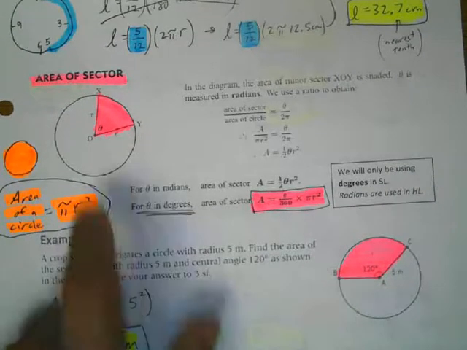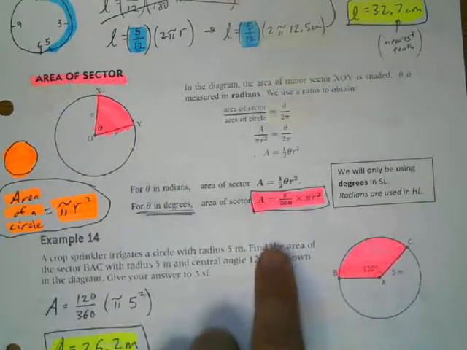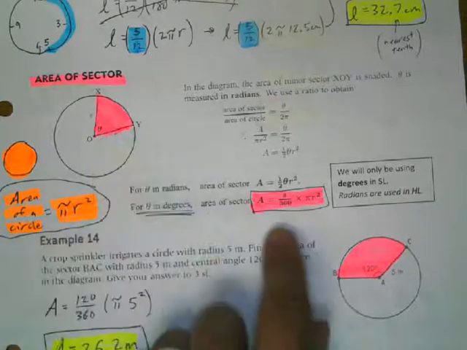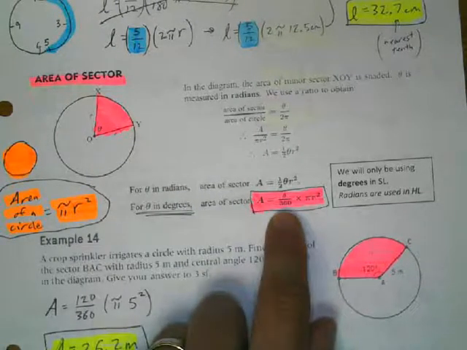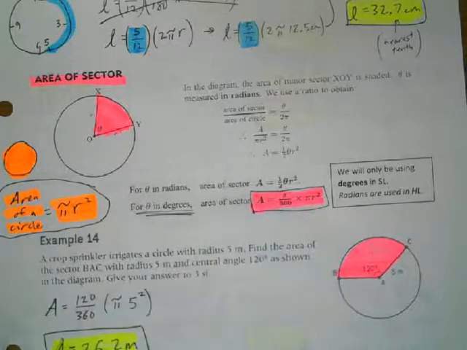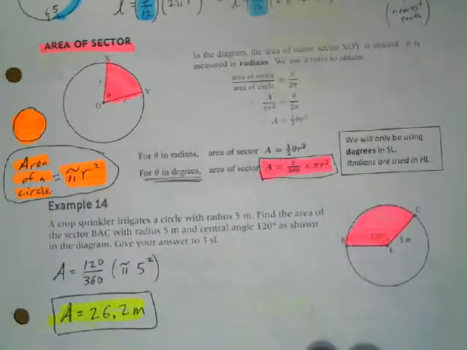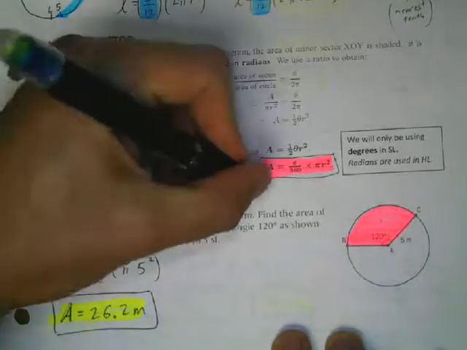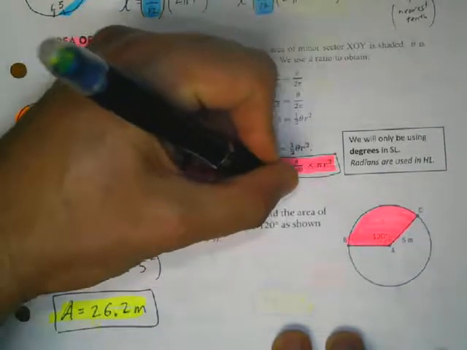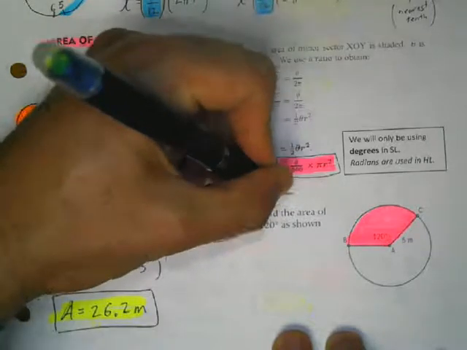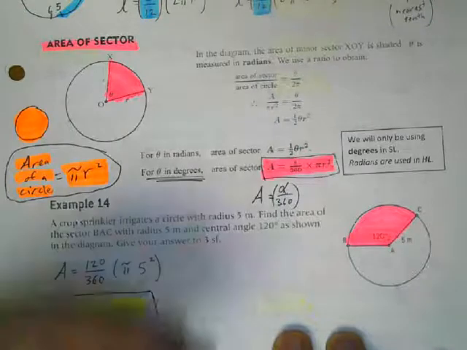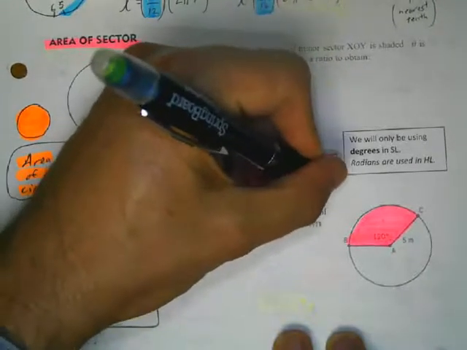And for finding the fraction of the area of the circle, we're going to use the same ratio as the angle over 360, like we did on the previous page. Area equals the angle over 360, this is our fraction of the circle, times pi r squared.